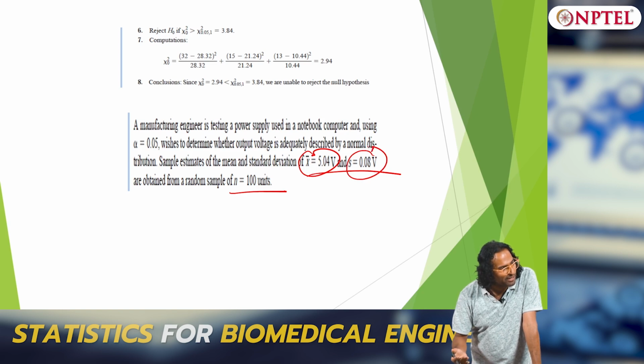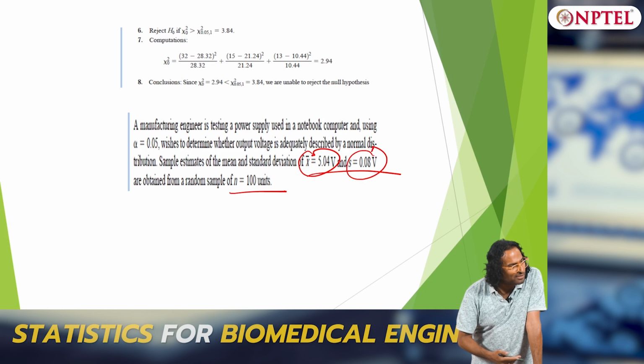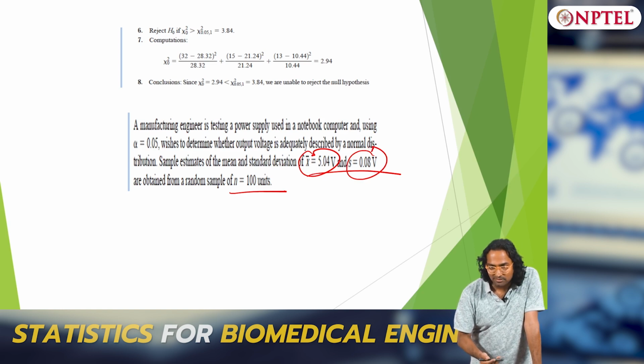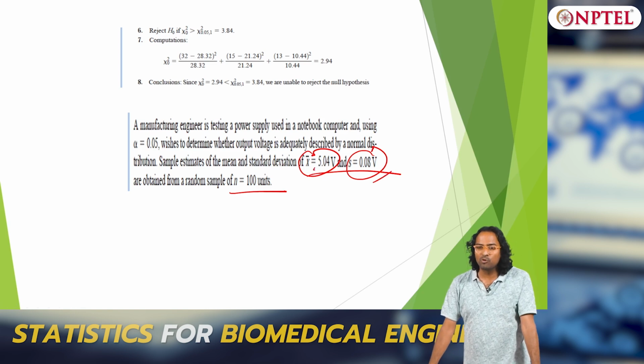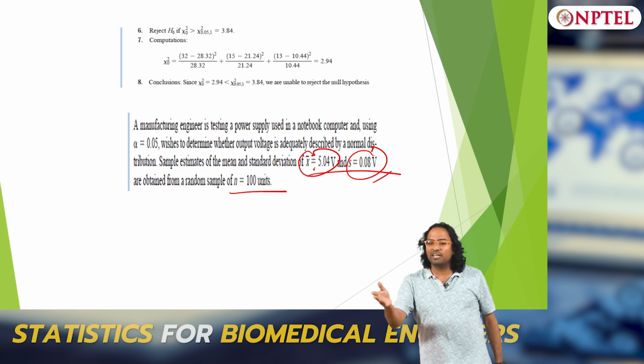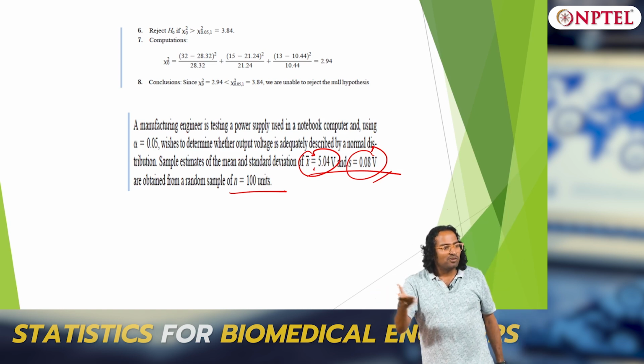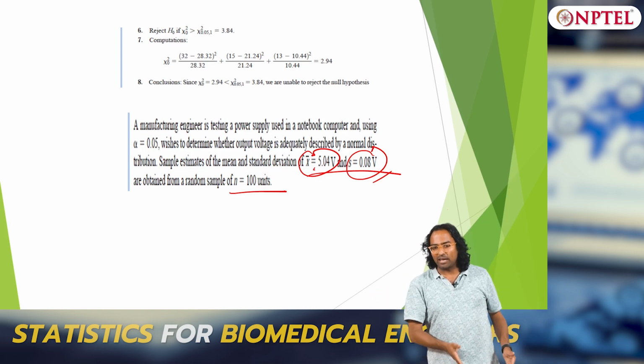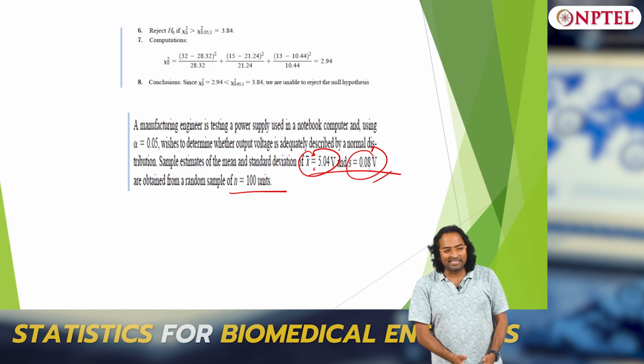Given the x bar and mu, you can convert it into a standard normal. Z equals x minus mu by sigma, or x bar minus mu by sigma over root n. You can standardize this into a z star.